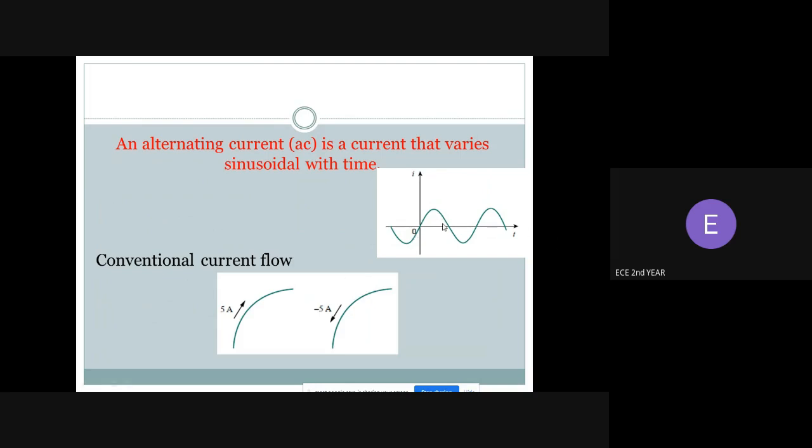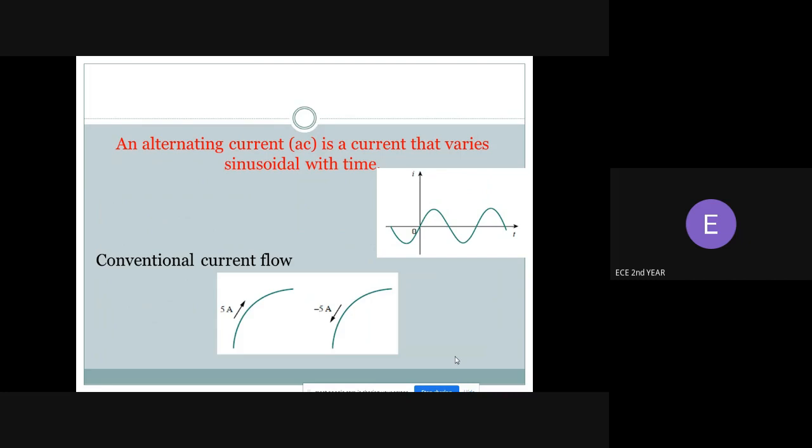Such a current is useful in your household to run the air conditioner, refrigerator, washing machine, and other electrical appliances. The figure shows direct current and alternating current, the two most common types of current we will study.